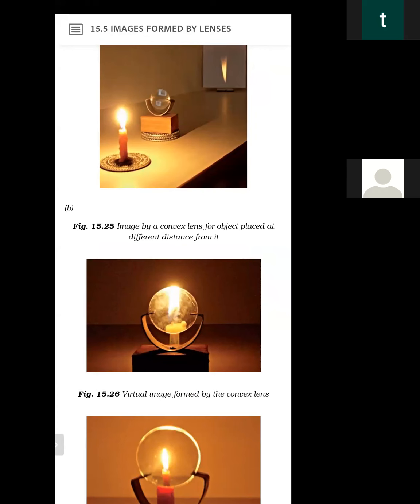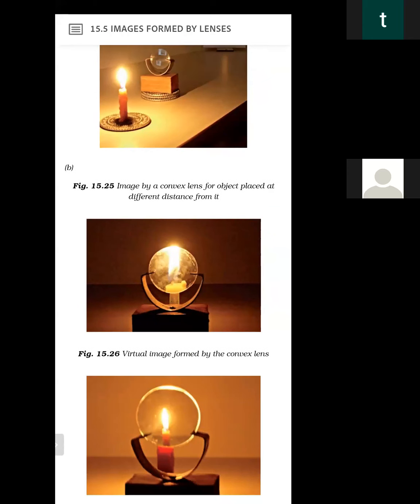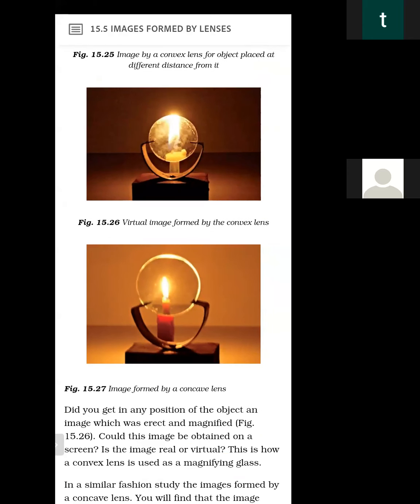So a virtual image is erect. It cannot be obtained on screen. Look at figure 15.27, image formed by a concave lens. Concave lens always forms a virtual and erect image. These images cannot be obtained on screen, and also it is smaller in size.